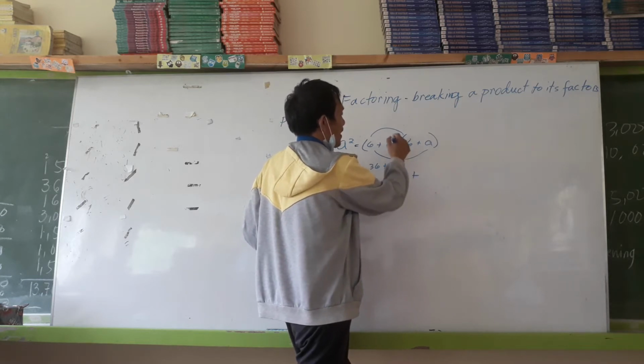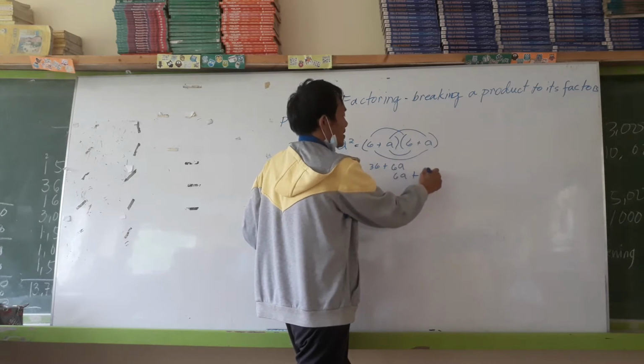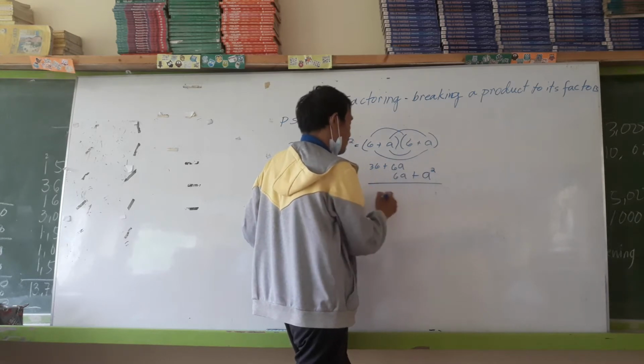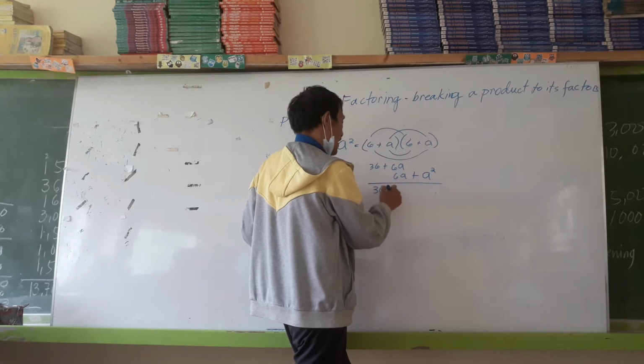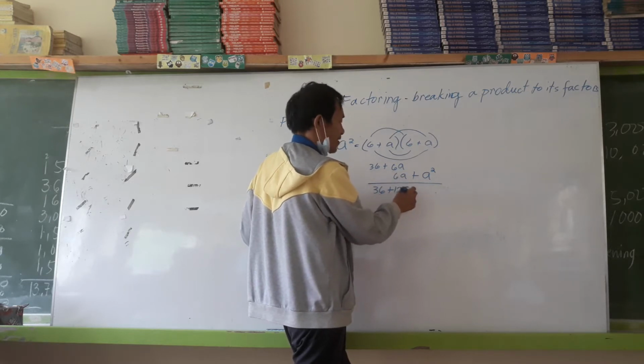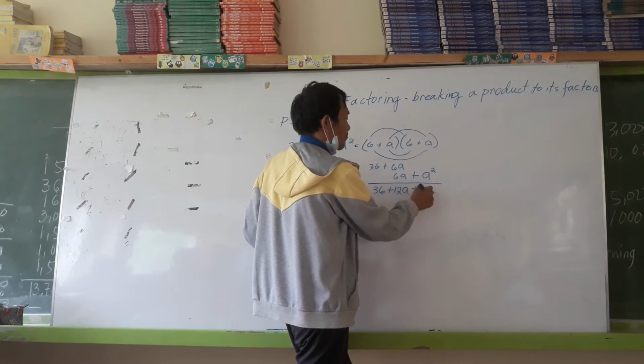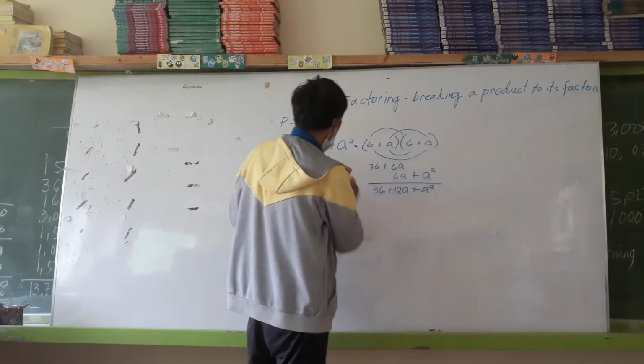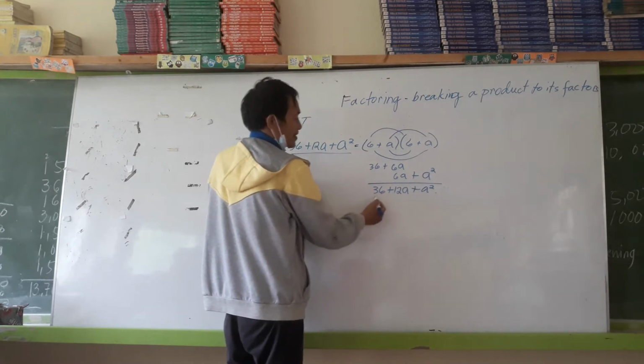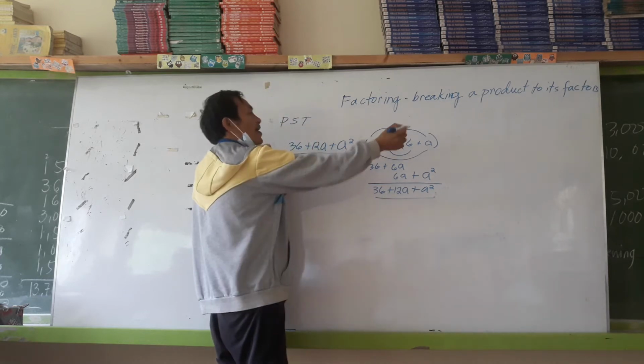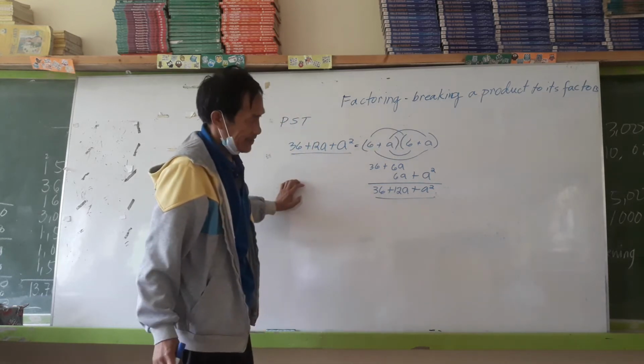Then a times a will give you a squared. Adding all of this, 6a plus 6a will give you 12a. And if we get the original product, your factors are correct.